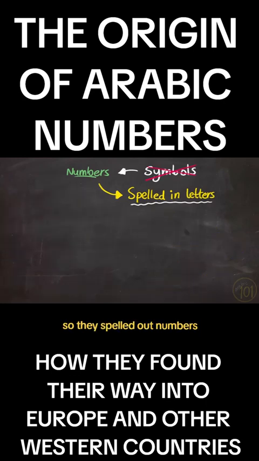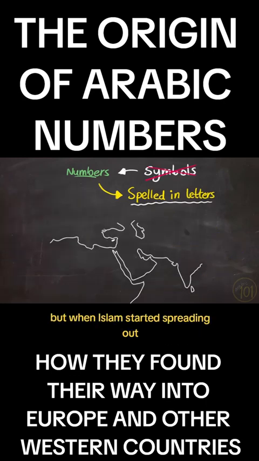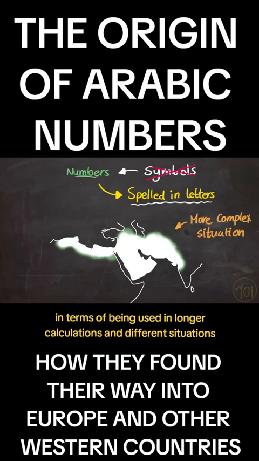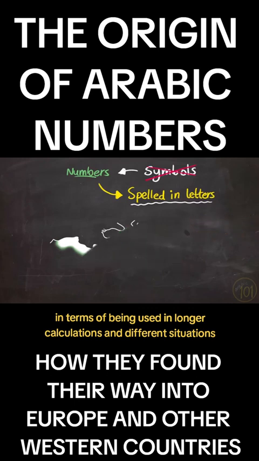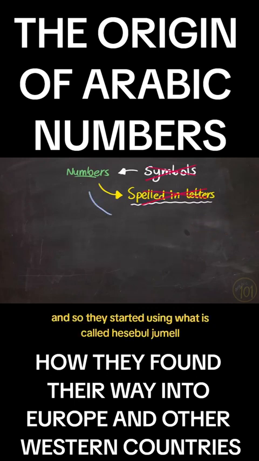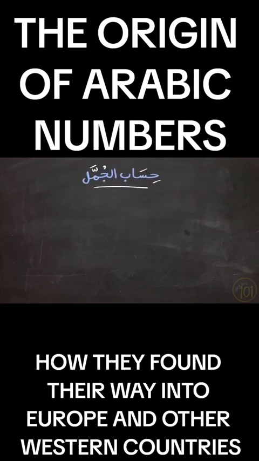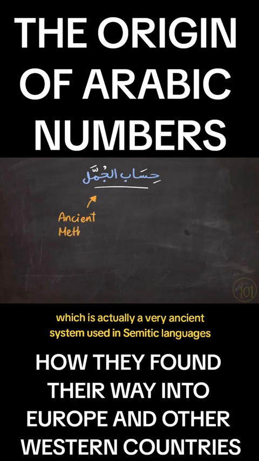So they spelled out numbers, but when Islam started spreading out and the Khilafah started getting bigger, there was a need for a more practical method that suits this growth in terms of being used in longer calculations and different situations. And so they started using what is called Hisabul Jummal, or in English, the Abjad numerals, which is actually a very ancient system used in Semitic languages.